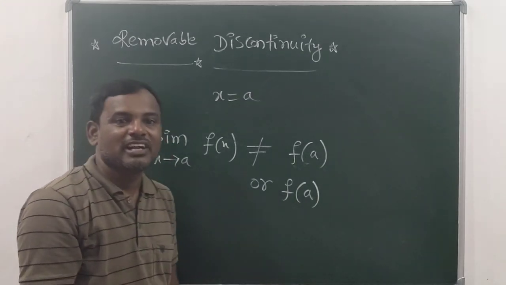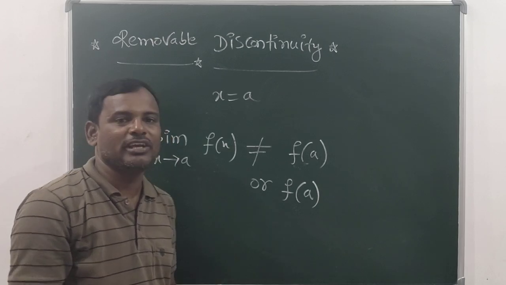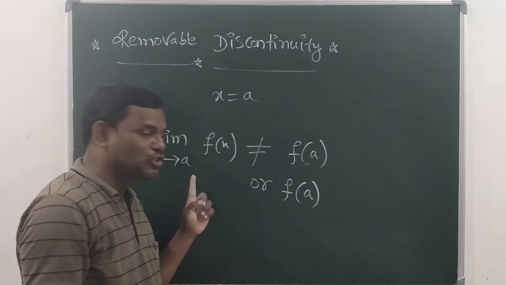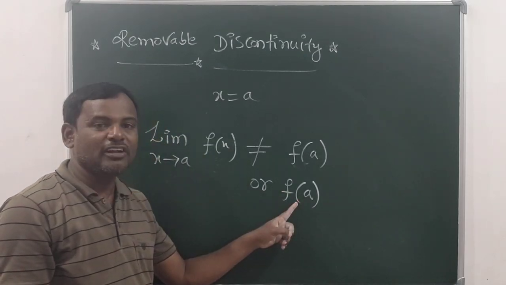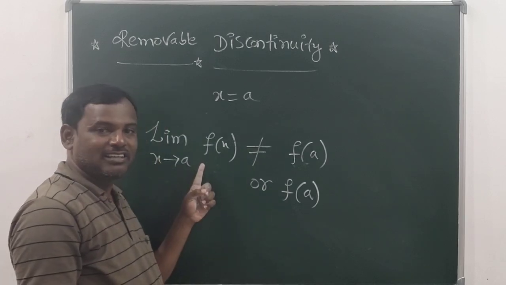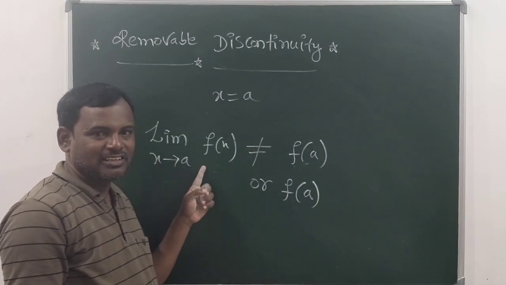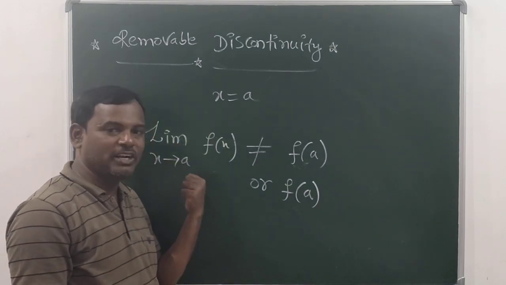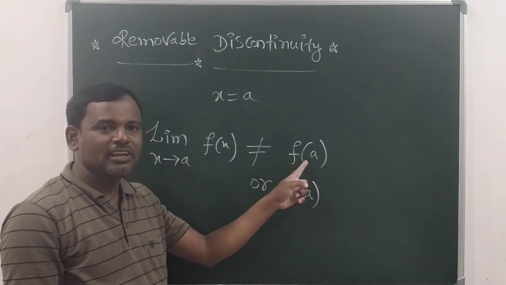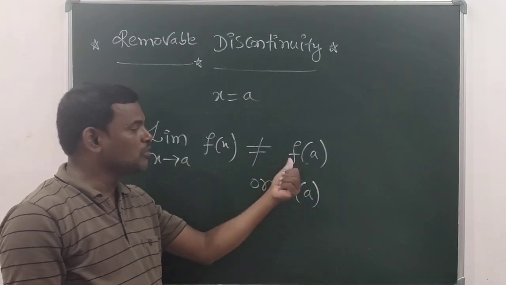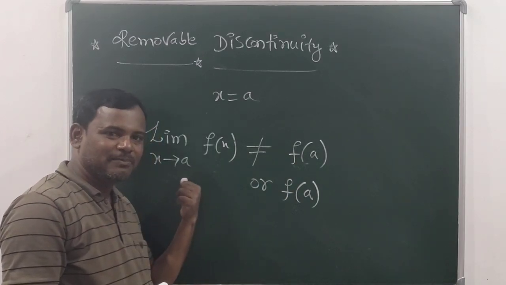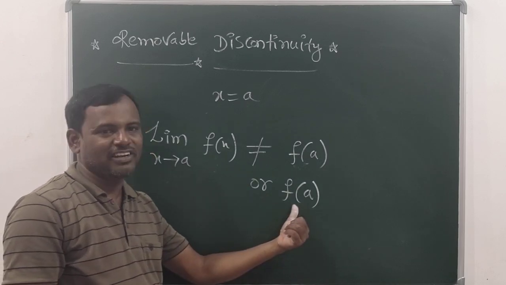As per the definition of continuity of a function at x equal to a, what did we learn? The limit should be defined, the value should be defined, both must be equal. But here what is happening? In this removable discontinuity, both should be given a real value, but both may not be equal. Or sometimes the limit is defined, but f of a is not defined.